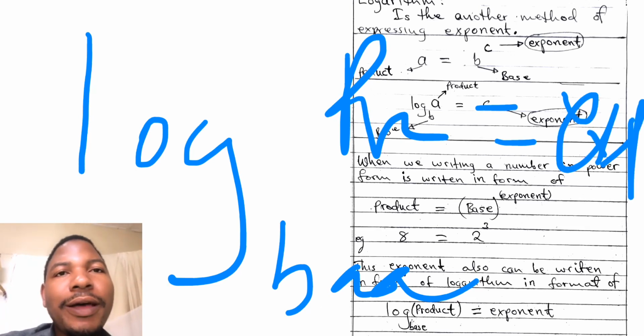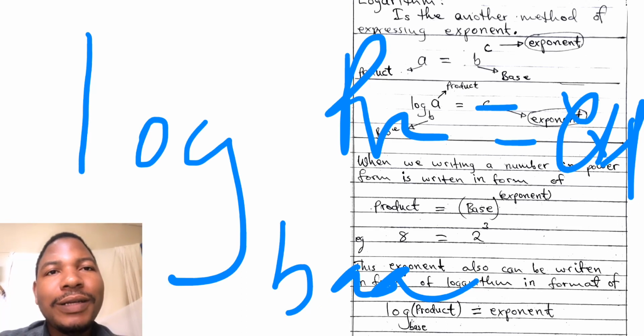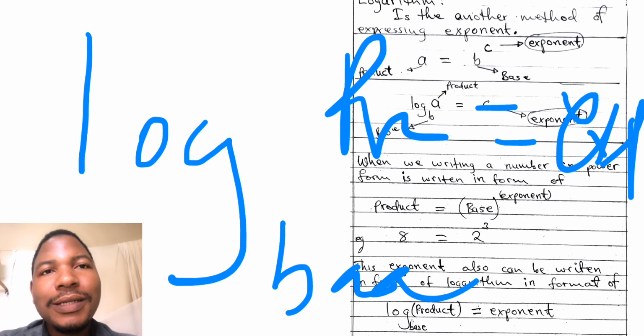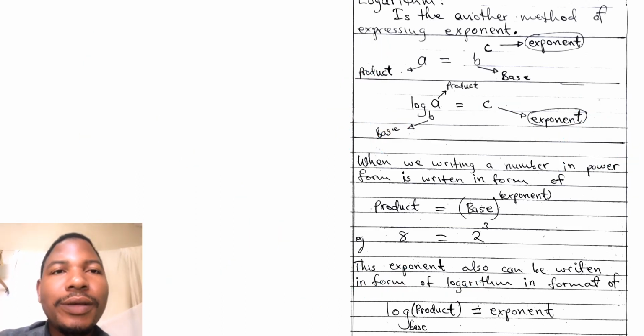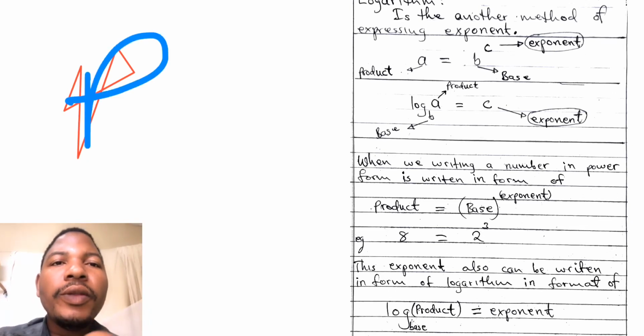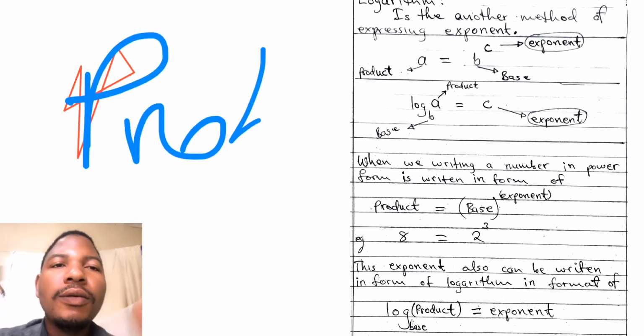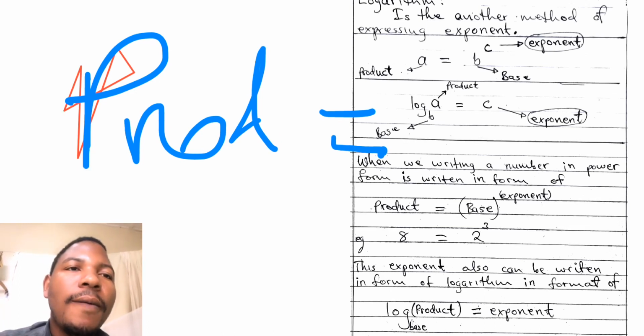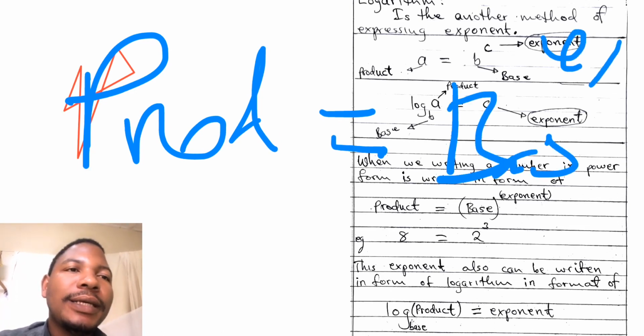Always it must be there. But don't forget the format of writing the exponent. When you need to write the exponent, it has its format. Always, if you want to write a number in exponent form or in a power form, it will be like this. Product, let me write here, product is equal to base raised up by a certain exponent.